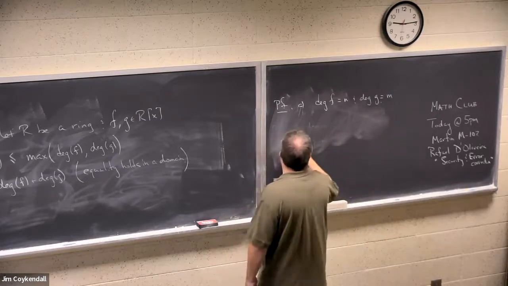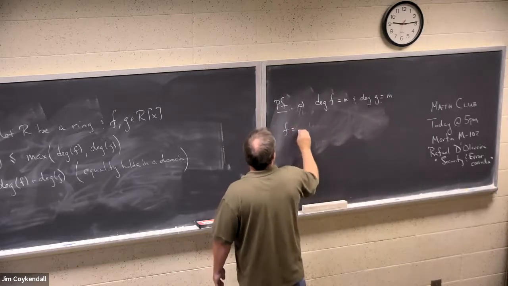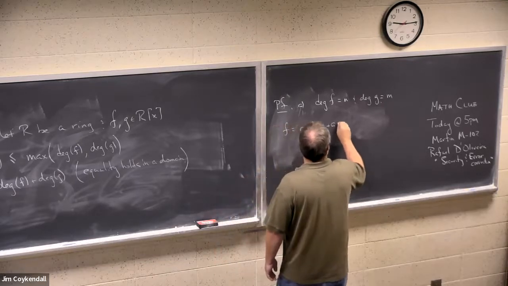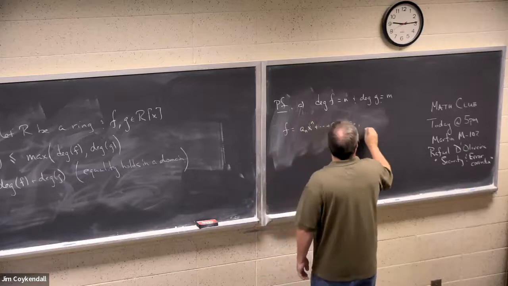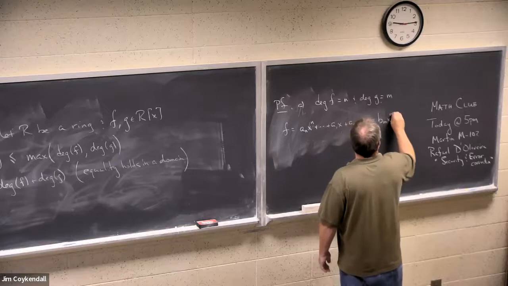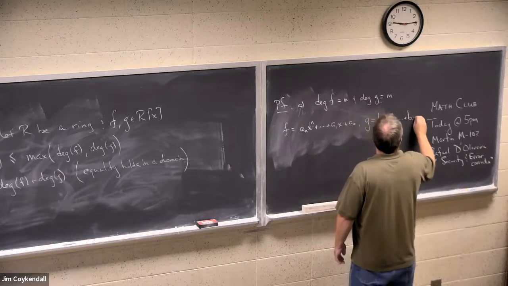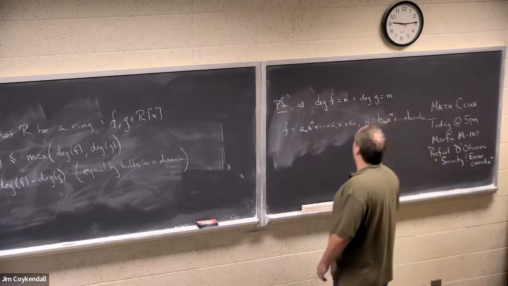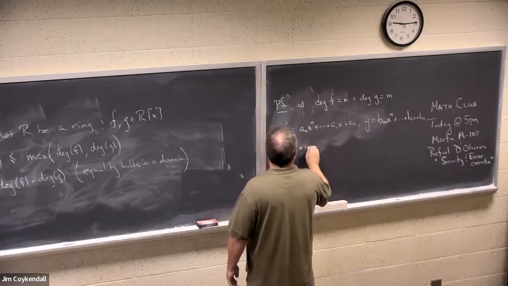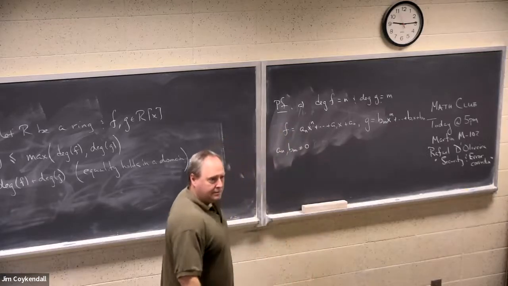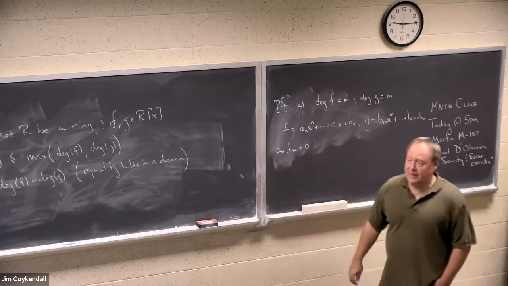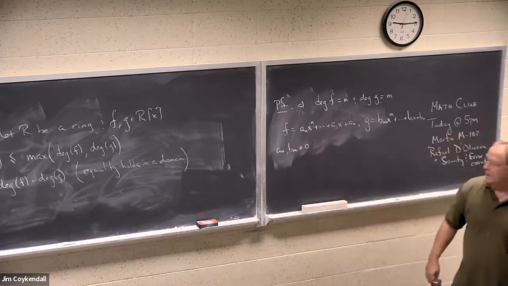Then f = a_n x^n + ... + a_0, and g = b_m x^m + ... + b_1 x + b_0, where a_n and b_m are not 0. And I'll make a further observation that goes beyond what I've said here.